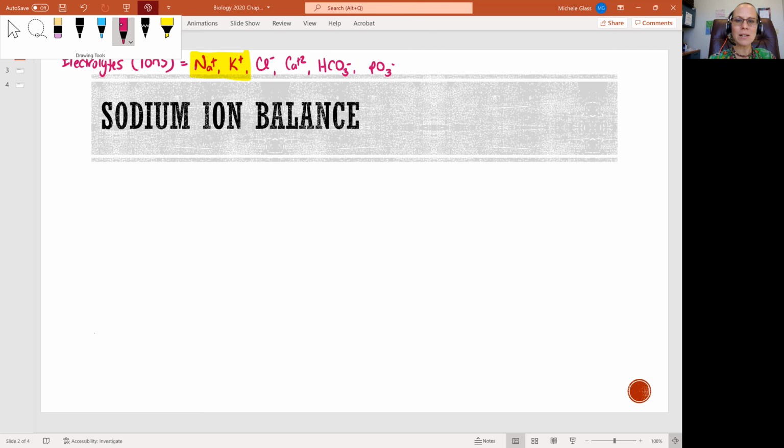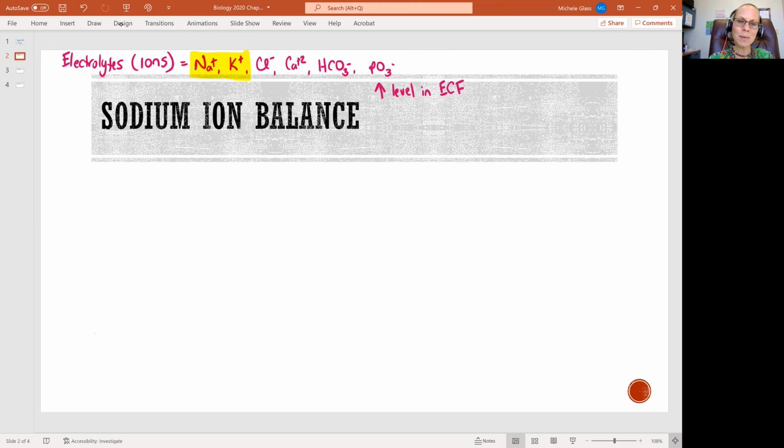And when we talk about sodium balance, remember sodium has the highest level in the extracellular fluid, which we've just talked about as being the plasma, as well as the interstitial fluid. And we see sodium at a high level in the ECF because of our old friend, the sodium-potassium exchange pump.